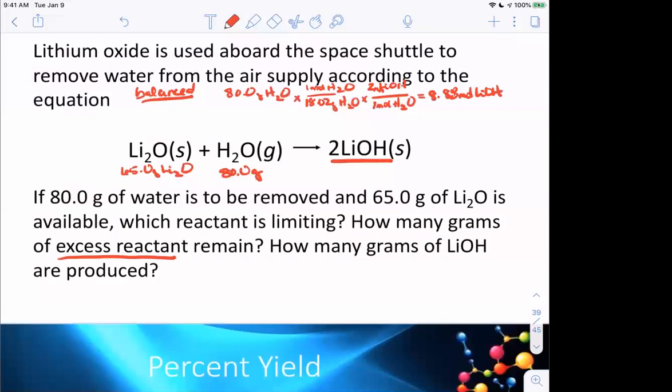Let's see how much lithium hydroxide will be produced if I use 65.0 grams of Li2O.